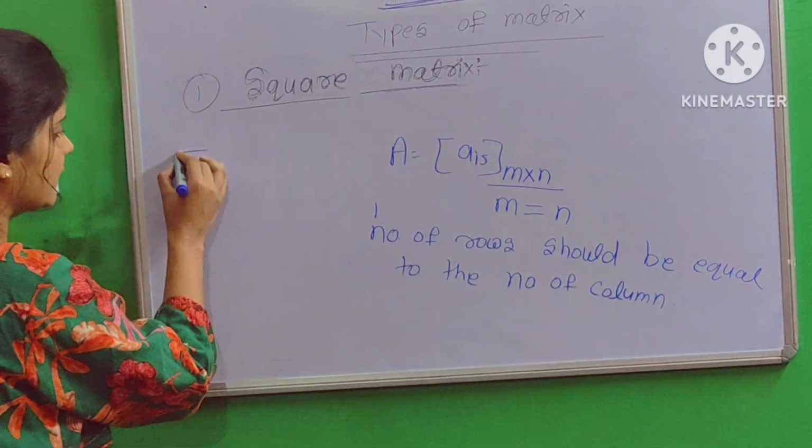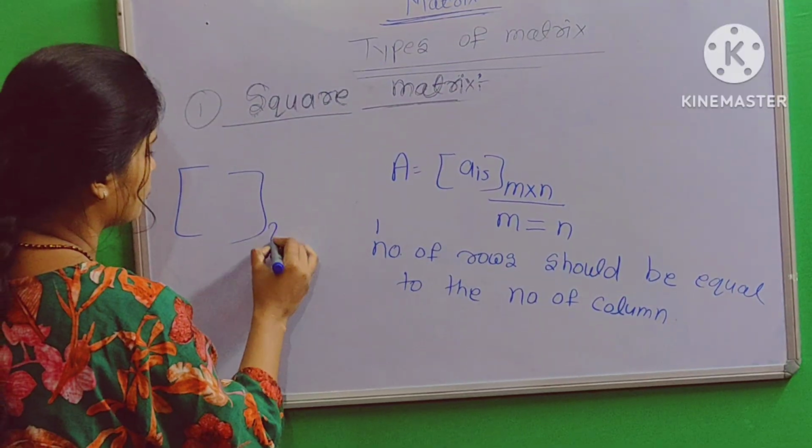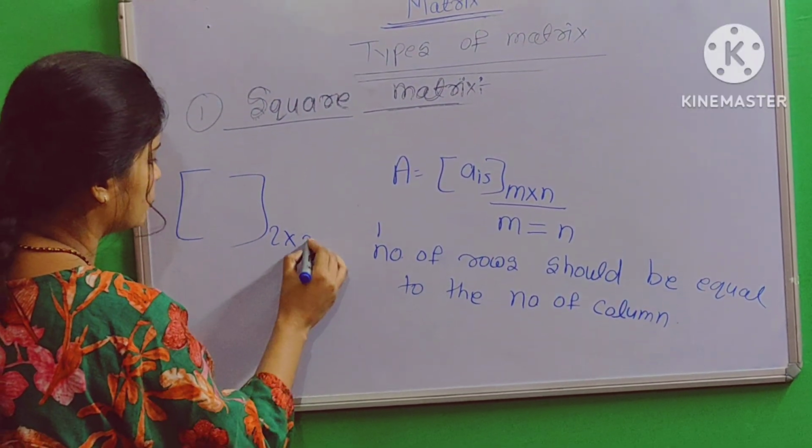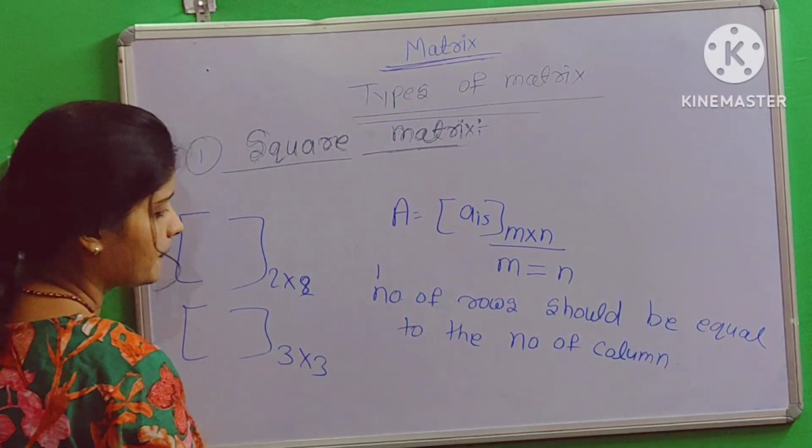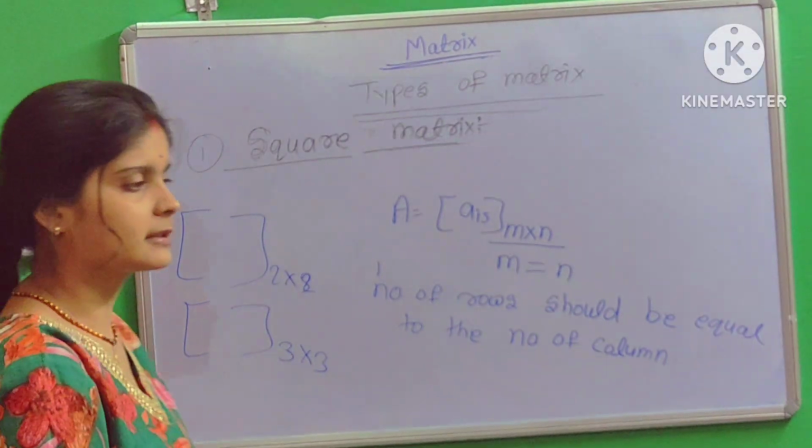Suppose if any matrix is 3 cross 3, this is our square matrix.